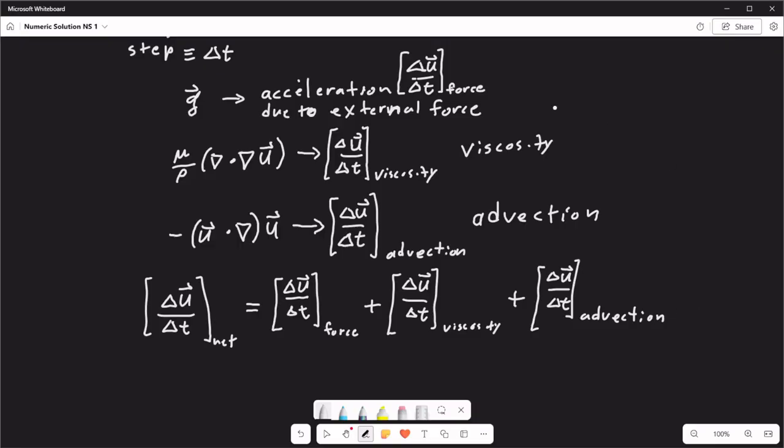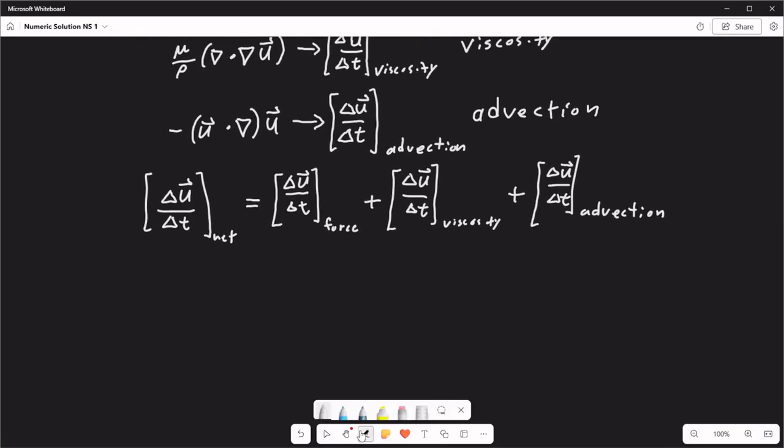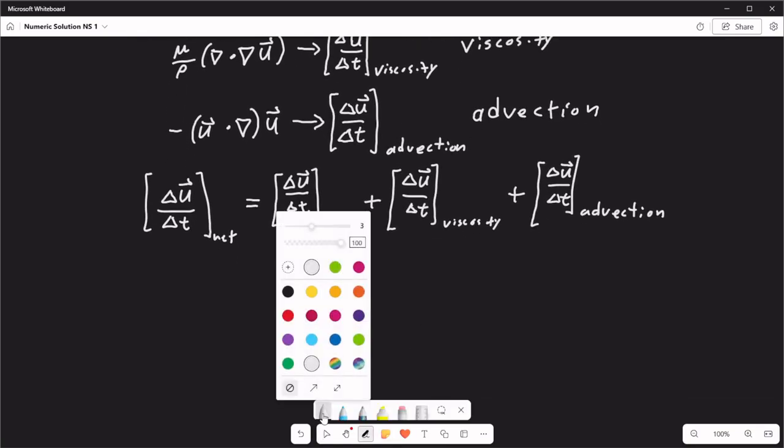So the equation is basically saying that it's going to predict a change in the velocity field for each time step.